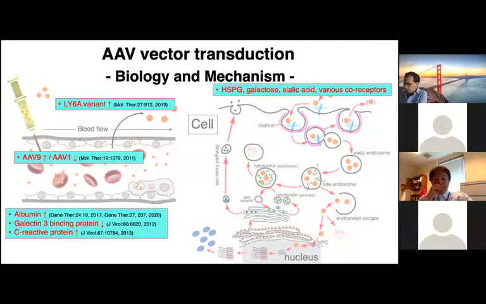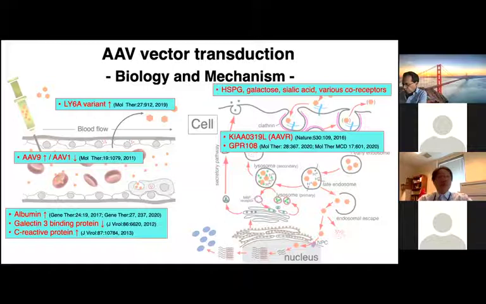But recently, there has been significant advancement in understanding what cellular proteins are really important as entry factors. One of the big discoveries was made in 2016, maybe 4 years ago: the discovery of KIAA0319L as a primary receptor for many different serotypes, which is now called the AAV receptor.